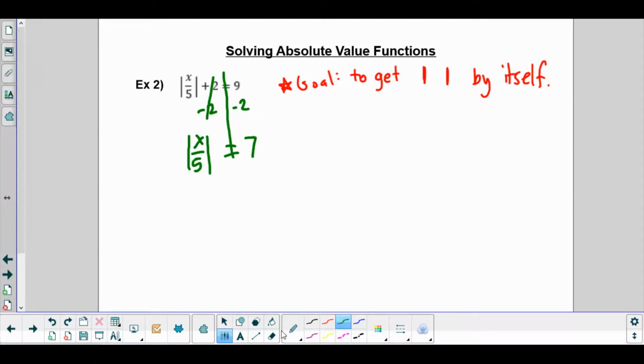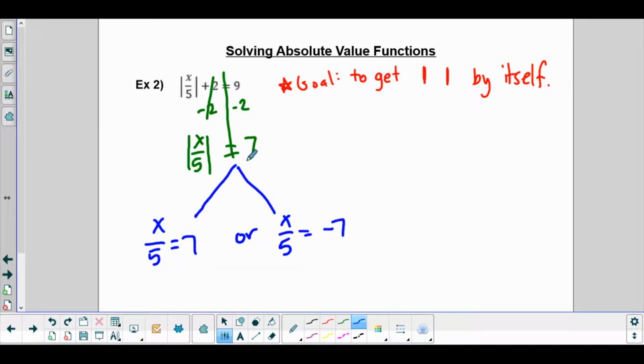And then from there, to solve it, you're going to set up two different equations. The first equation is going to say x divided by 5 equals 7. And then the second one, you have x divided by 5 equals -7.